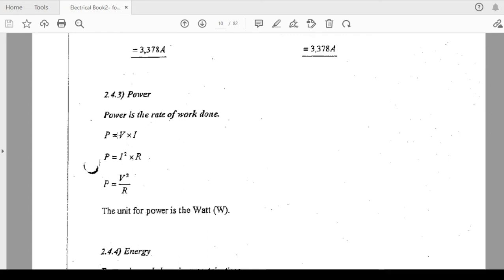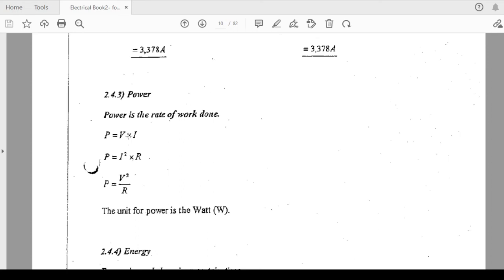Then I will multiply voltage across the stove times current going to the stove. Okay. Yes. So other than this formula, if you have current and resistance available, you can also get power using current and resistance, but the power is going to be the same.